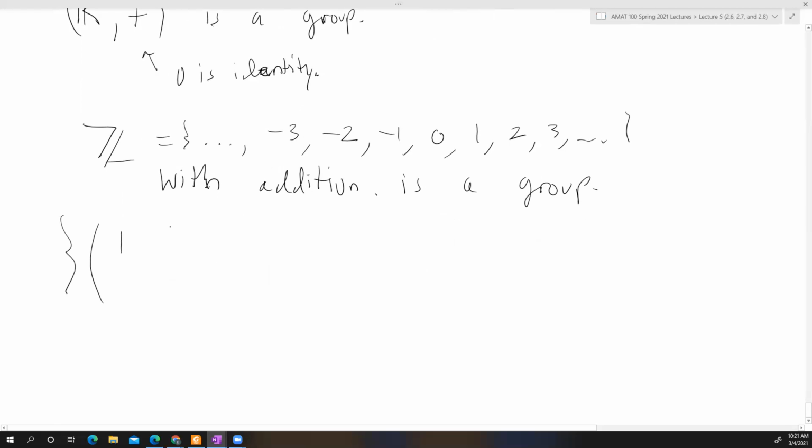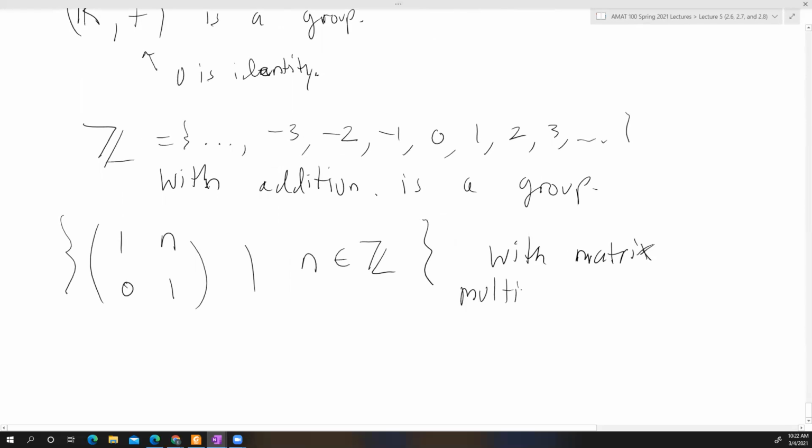Consider the set of all 2 by 2 matrices where you have ones on the diagonal, 0 on the off diagonal, and n on the other diagonal, with matrix multiplication, which I defined in another video. Don't worry about these details a whole lot. I just want to point out why injective functions matter. This set of matrices forms a group.